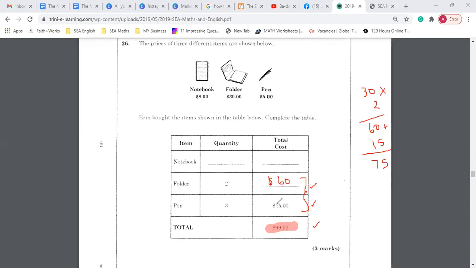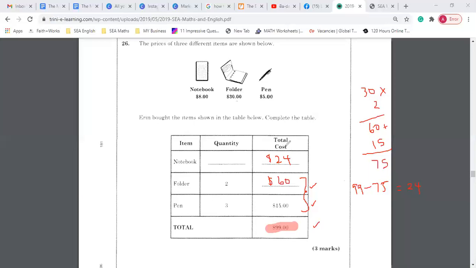So 99 minus 75 will give us 24. So the total cost is $24 here.